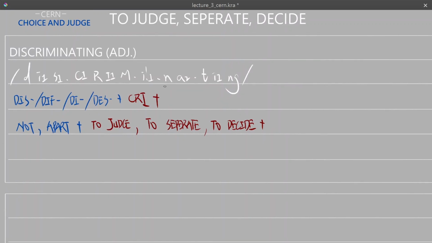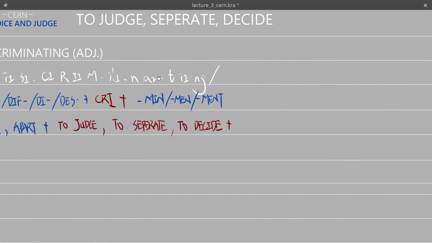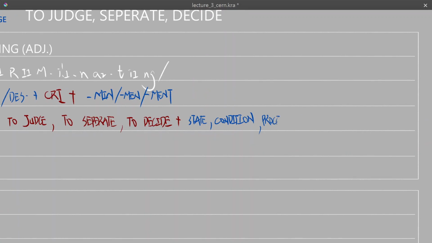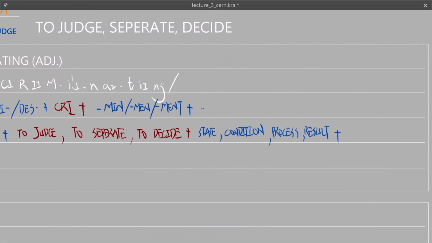Now we have the suffix ant, meaning in a state or condition. Here we have the verb suffix ate, a verb suffix.